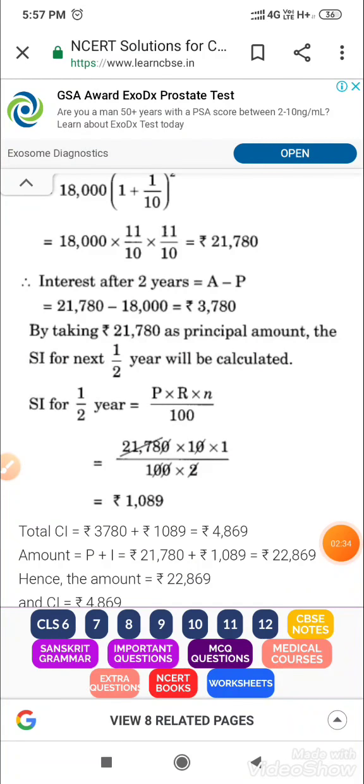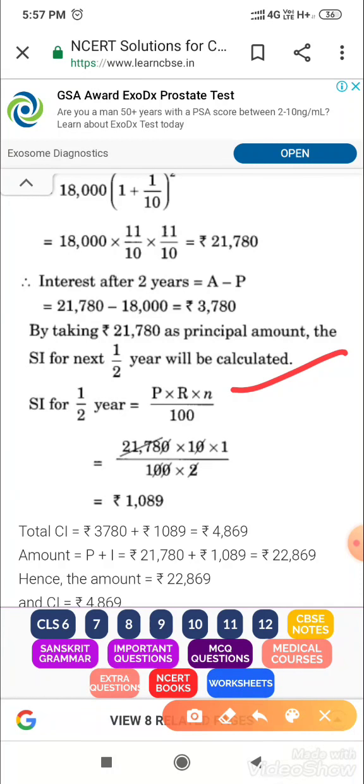In the next step, we have to calculate simple interest for half a year. So SI is equal to P multiplied by R multiplied by T upon 100, and here principal is 21,780, rate is 10% and time is 1.5 years.